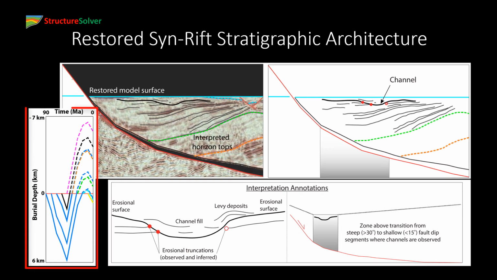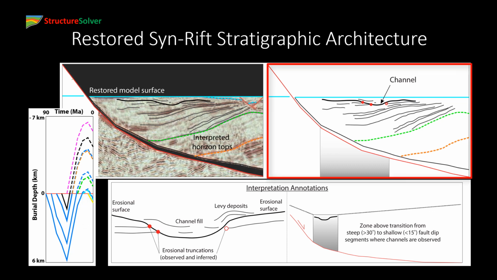In the context of the burial history plot computed from the forward model, we see that the blue horizon was deposited during the recent waning stages of Syn-Rift erosion that removed the footwall strata. It is worth noting that the restored location of this possible channel is within the region where the underlying fault transitions from being steeply dipping to a shallower fault dip at depth.